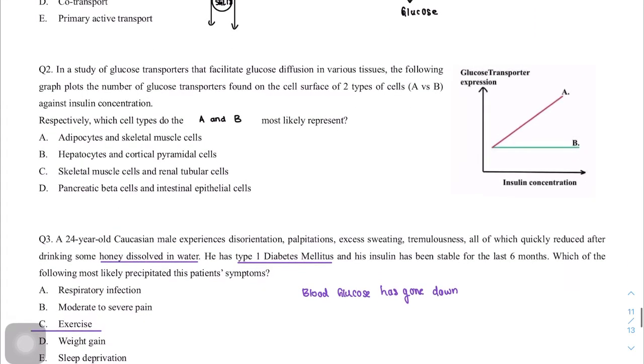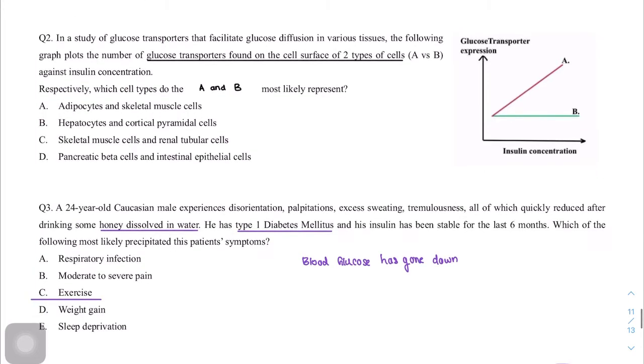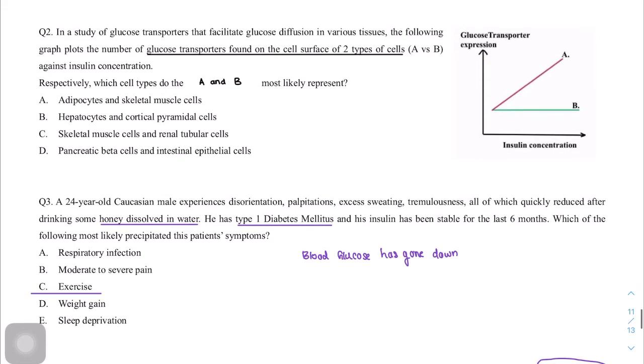Next, question 2. In a study of glucose transporters that facilitate glucose diffusion in various tissues, the following graph plots the number of glucose transporters found on the cell surface of two types of cells, A and B, against insulin concentration. Respectively, which cell types do A and B most likely represent? So what is being asked here is, first of all, you need to understand the graph. Whenever you get a graph, always check the two axes: glucose transport expression versus insulin concentration.